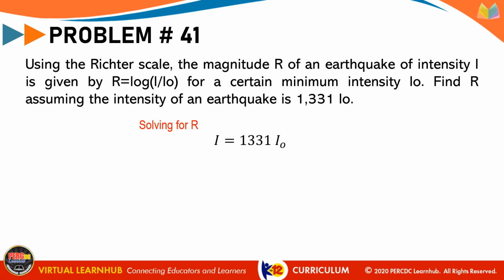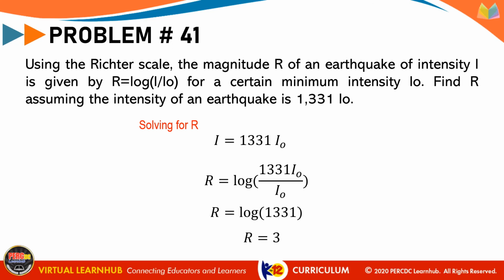So we will have I equals 1,331 I sub O. So from there, we will have R equals logarithm of 1,331 I sub O all over I sub O. So we cancel I sub O. So simply, we have R equals log of 1,331. And that is R equals 3.